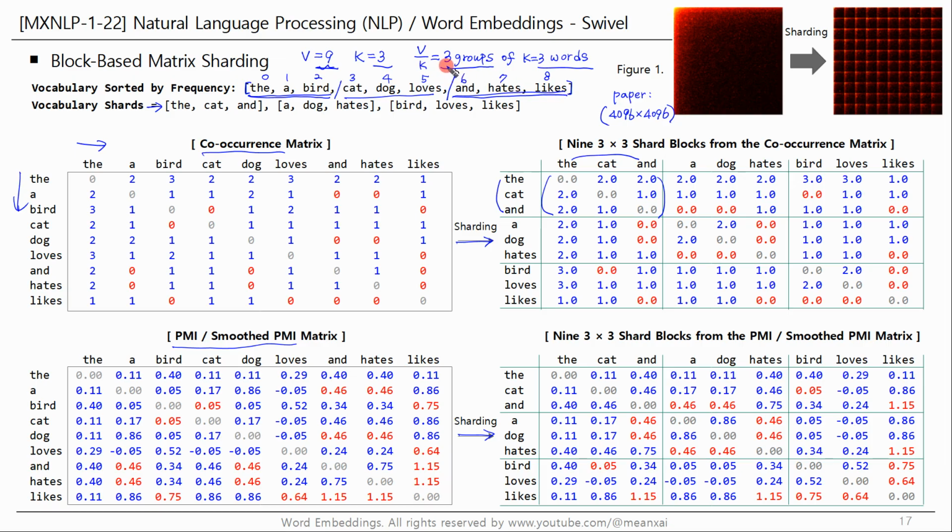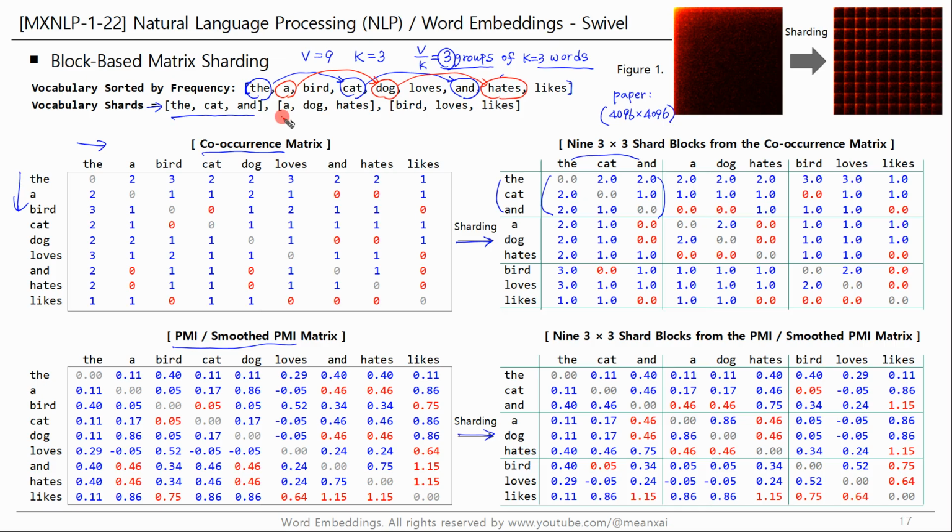In our example, V divided by K is 3, so we select words at intervals of 3. Starting with the, we skip ahead by 3 positions and select cat and then and. These three words make up the first group. Next, we start with A and again move forward by 3 positions.